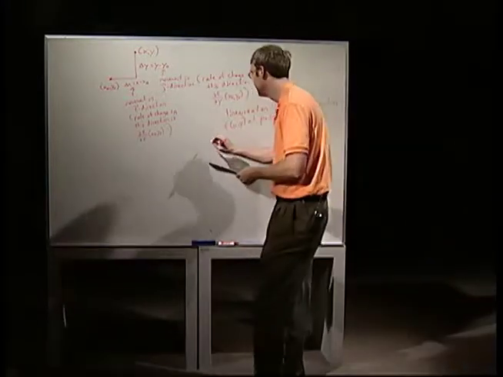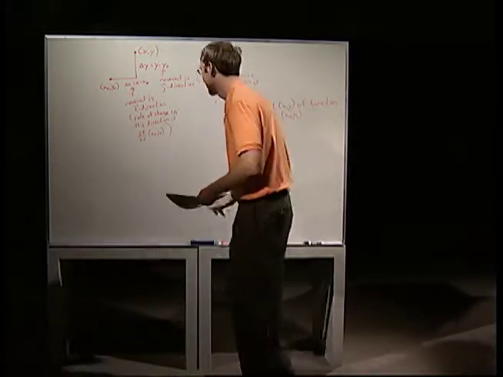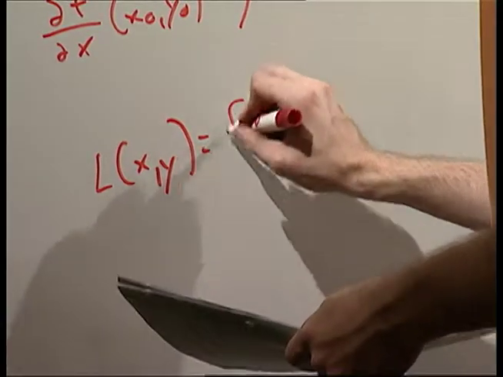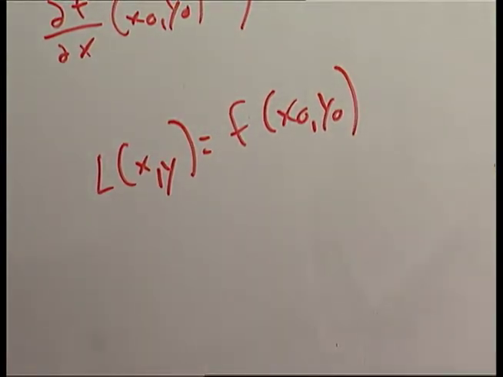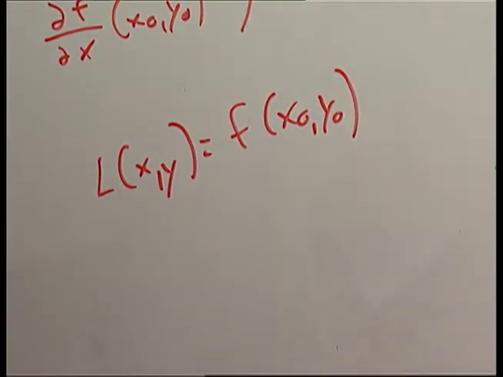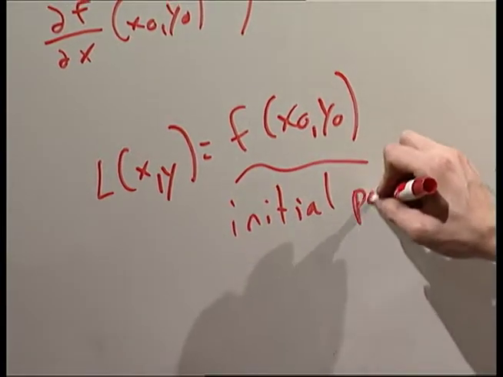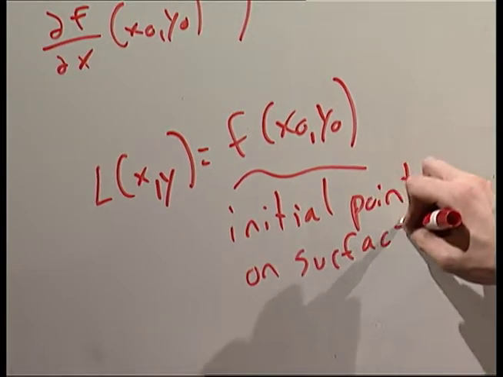What is it? Where do we start on the surface? Well, the function value. So this is your starting point, the initial point on the surface.